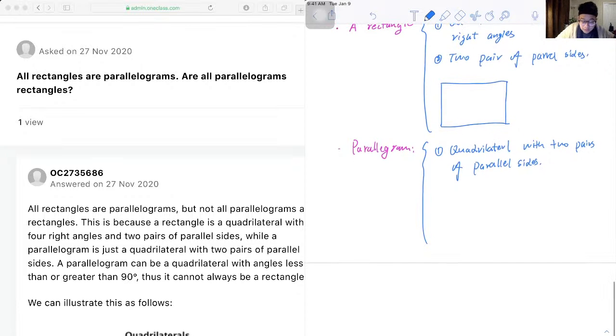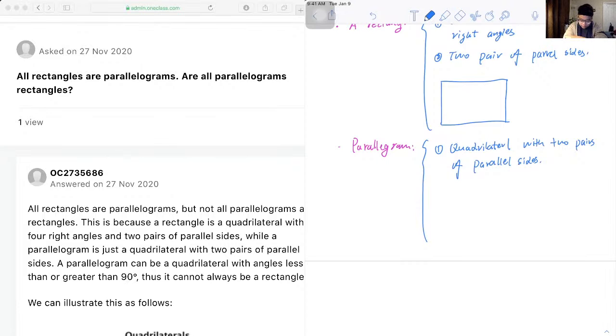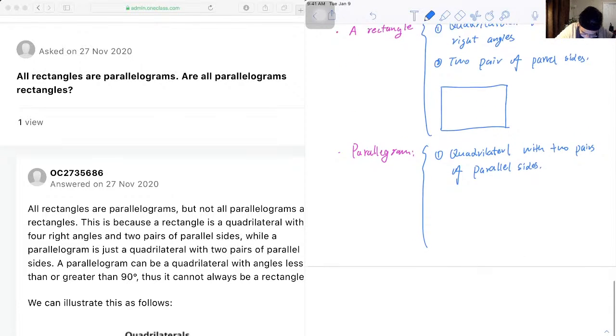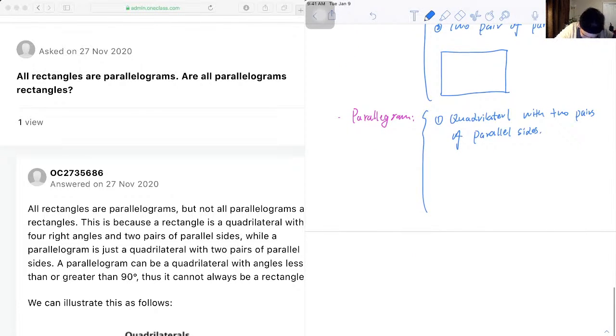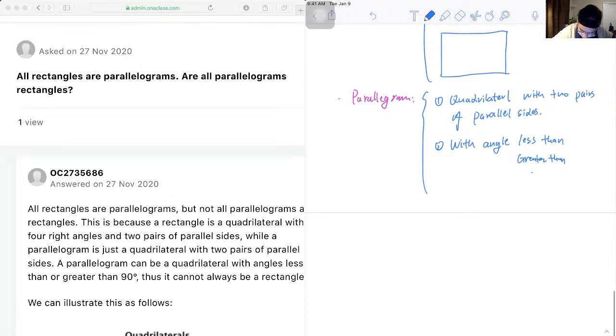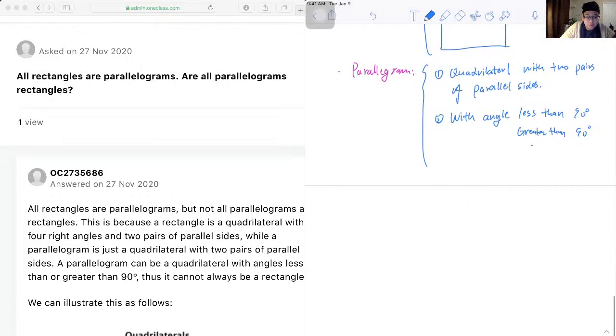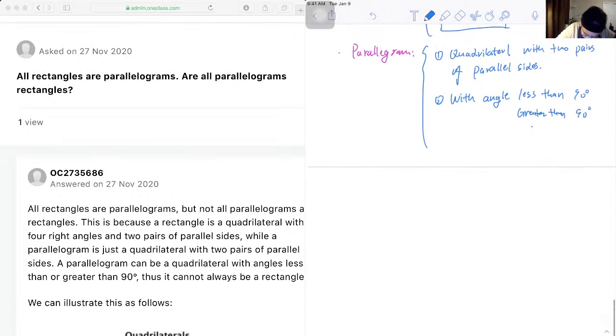Okay. So it has no restrictions on the interior angles like a rectangle. So, let's write that down. Group with angle less than or greater than 90 degrees. Okay, so it cannot always be a rectangle.